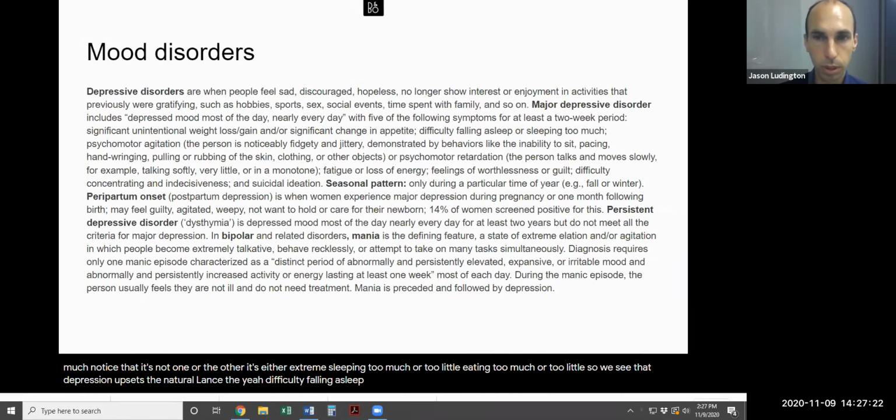Difficulty falling asleep or sleeping too much, I mentioned that one. Psychomotor agitation, so being fidgety, jittery, unable to sit still, pacing, hand wringing, pulling or rubbing skin, clothing, or other objects. Or its opposite, psychomotor retardation, which is when the person talks and moves slowly, softly, or not at all, or very little talking, in a monotone, so without emotional expression.